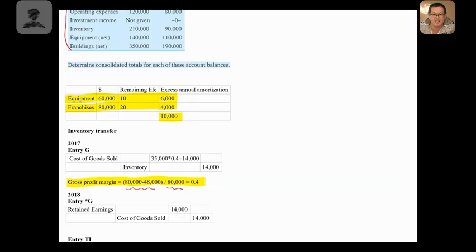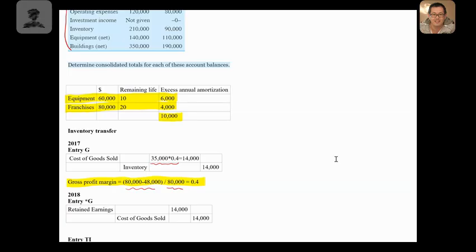And the deferred gross profit should be 40% of the remaining inventory. So that equals 35,000, the remaining inventory, times the 40% gross profit margin. We get 14,000, which will be the deferred profit. And also, we credit inventory because inventory is overstated by 14,000.